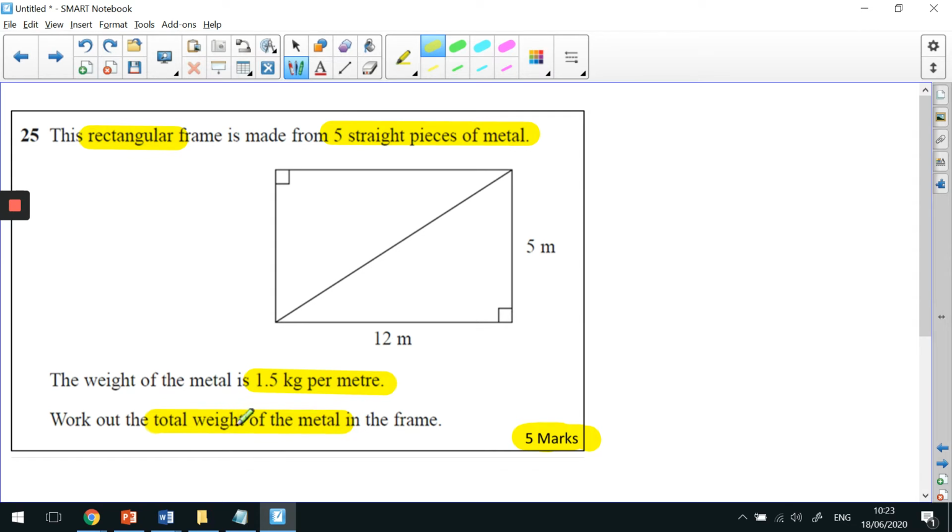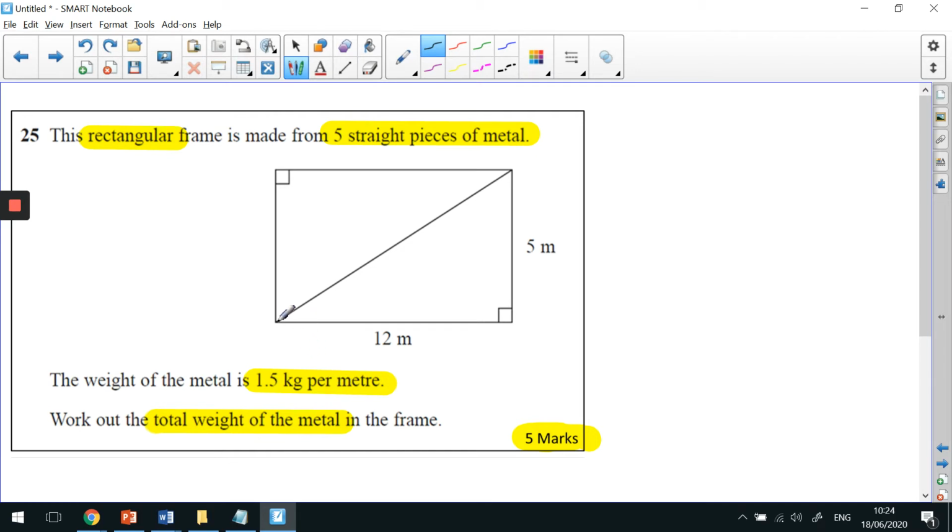Okay, so let's have a little think about this now. So if I work backwards from there, I'm trying to find the total weight of the metal, and I know it's 1.5 kilograms for every meter.